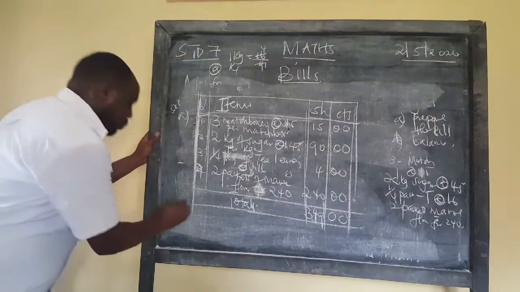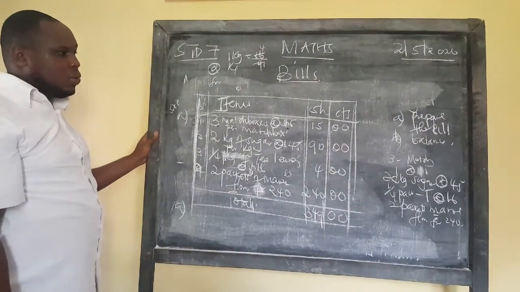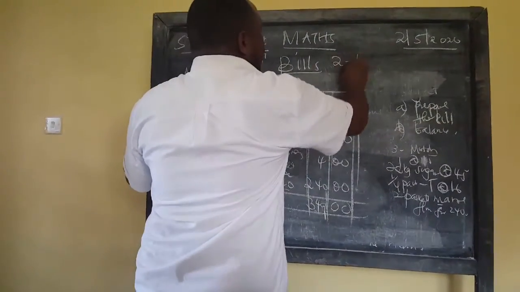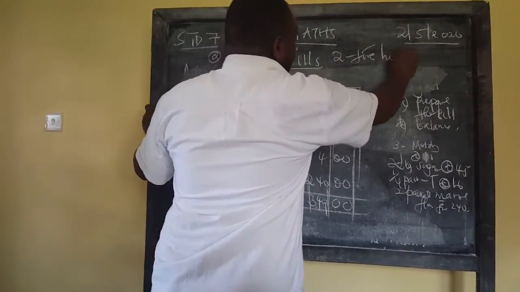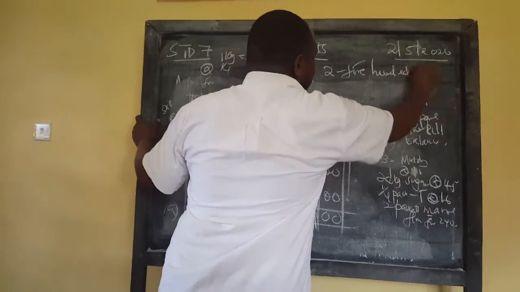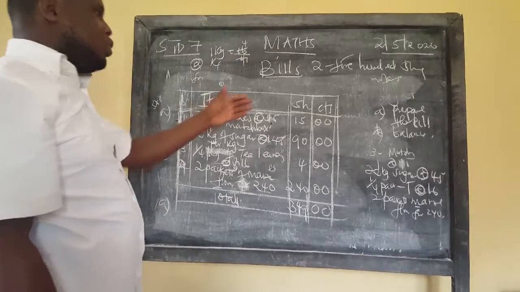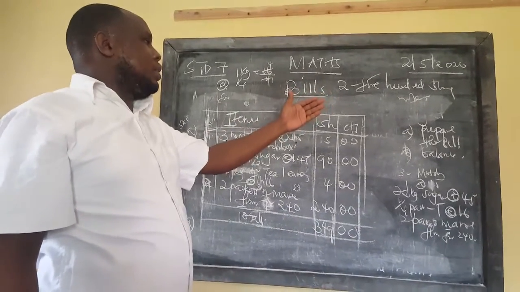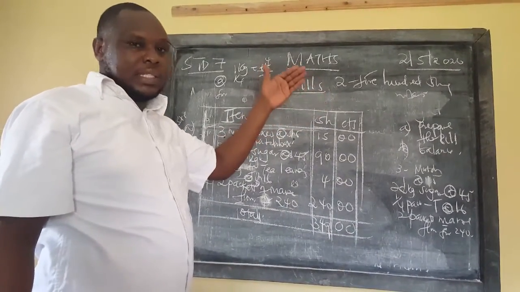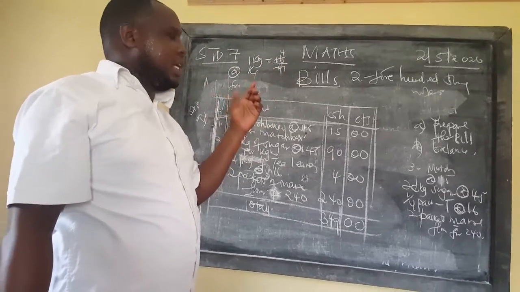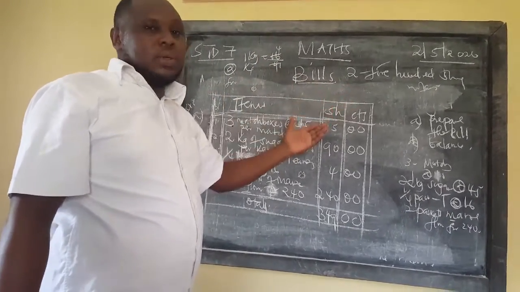Question number 2. How much was the balance if he used 2 500 shilling notes? I want you to look at this, learner, because this is what's going to come in the exam in your class. As from class 7, they don't tell you exactly what amount was there, but they use maybe 3 1,000 shilling notes.